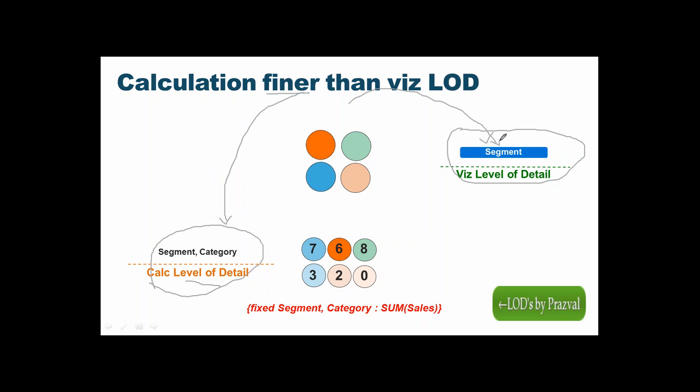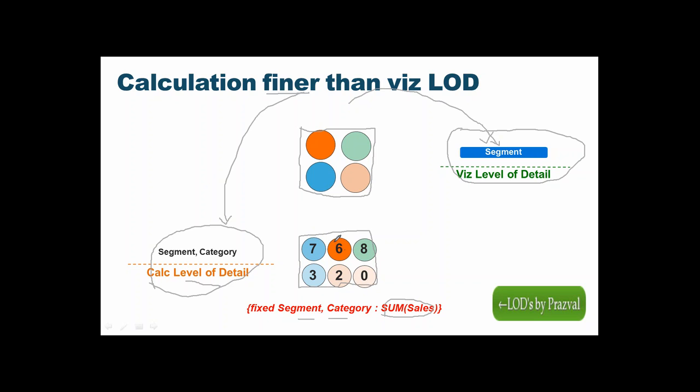This is the data I have at the LOD expression level: segment-wise, category-wise sum of sales. So how will Tableau compute at the visualization level?